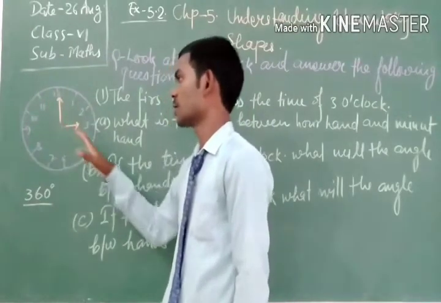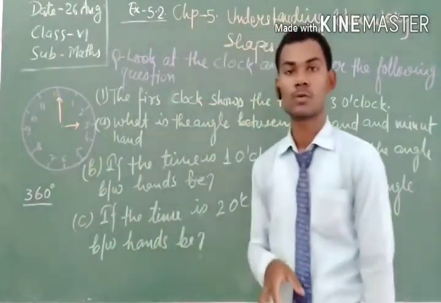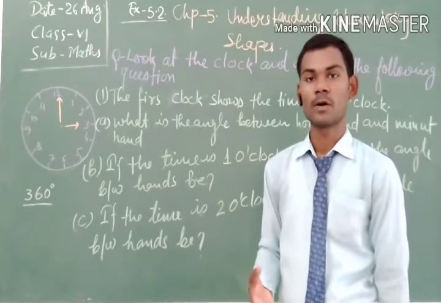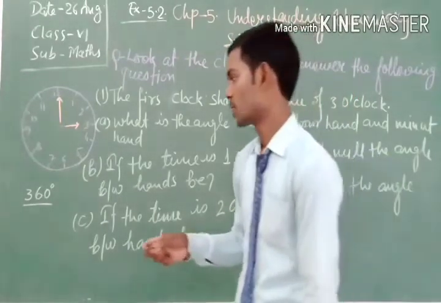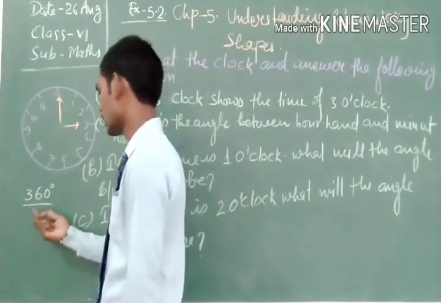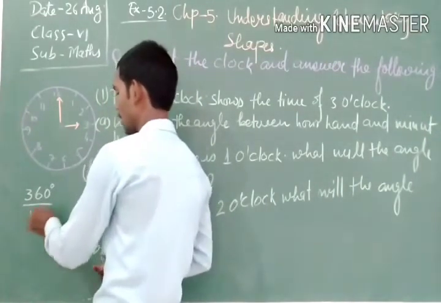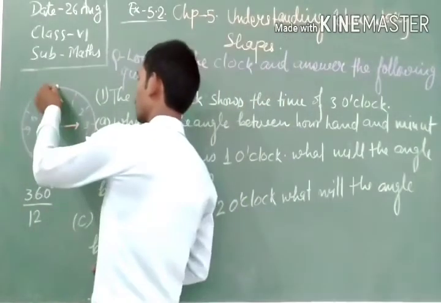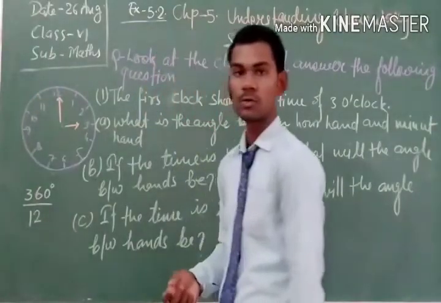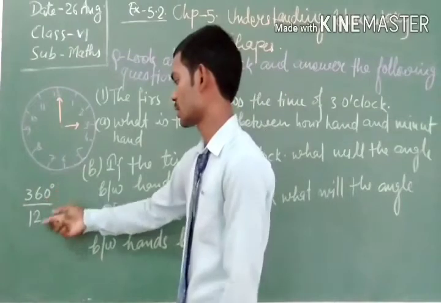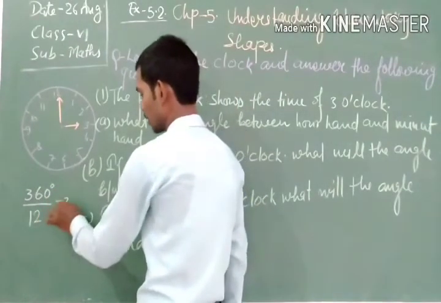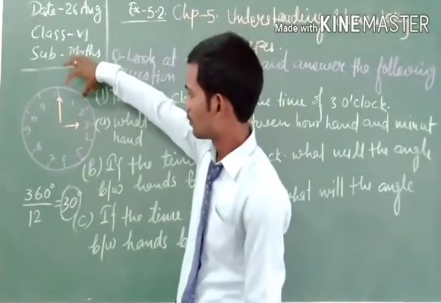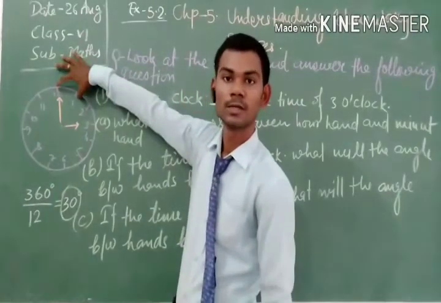the complete circle is divided into 12 equal parts. So in order to find what angle is formed between parts, we just divide 360 by 12, and after dividing we find the angle formed between two numbers or two parts. When we divide 360 by 12, we get 30 degrees. 30 degrees represents the angle formed between one part of the circle.